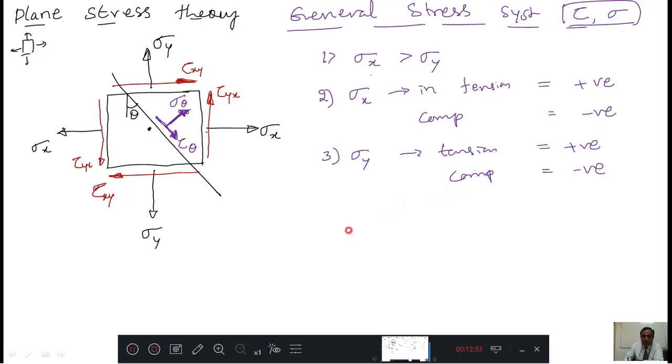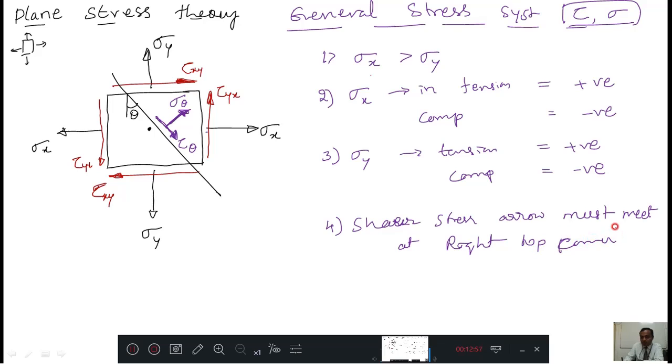Now, fourth, most important, is that shear stress arrows must meet at the right top corner. See here, we can have one more diagram, and shear values I can have like this.